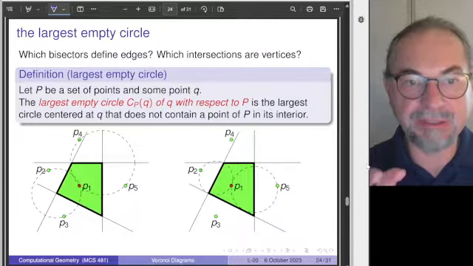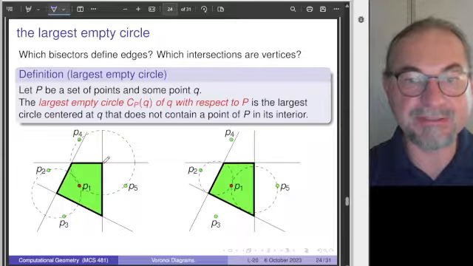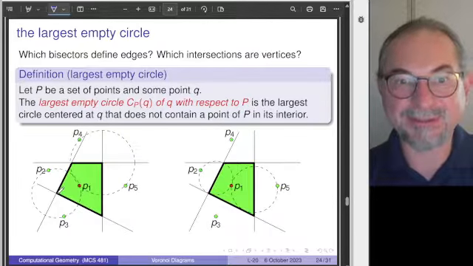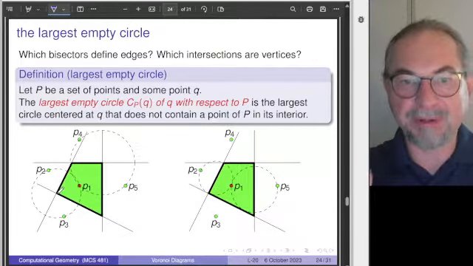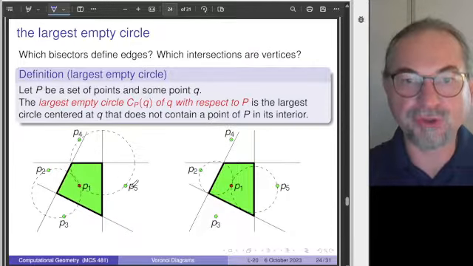If you have 3 points in the plane, then there is a unique circle that goes through them. The center of this circle is defined by the intersection of the bisectors. For this example, we have the points P1, P2, P3, and the circle goes through them. The 3 points form a triangle, they're not collinear, so their bisectors intersect in a unique point, and you can draw the circle.